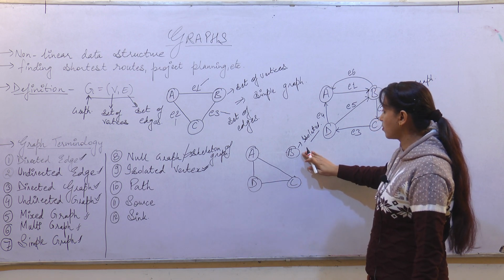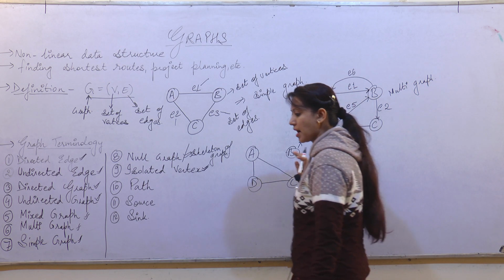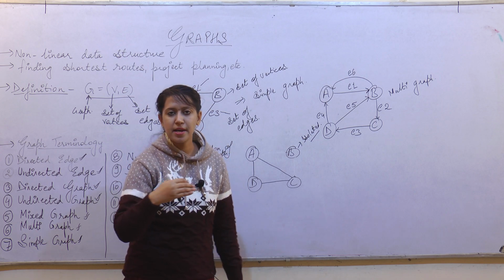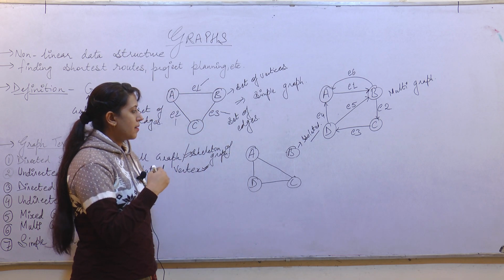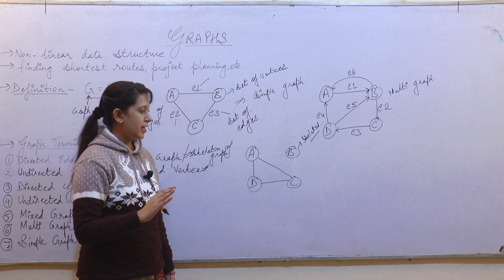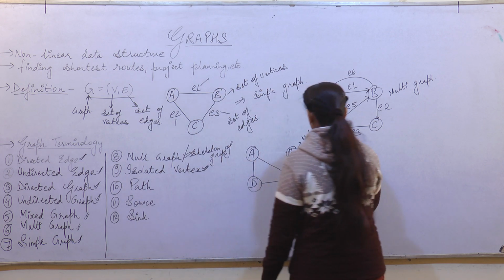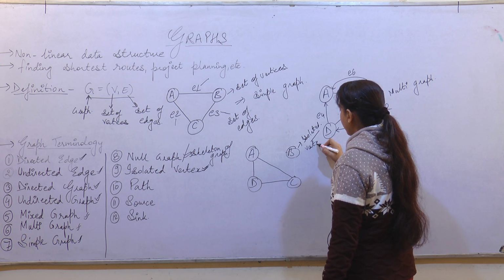That means it goes out of the graph and is not connected to any of the nodes. So this becomes an isolated vertex.